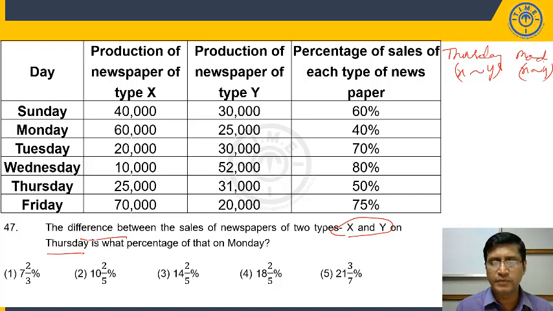The value of Thursday is what percentage of Monday. So the difference between the sales of the newspapers X and Y. What is the difference of X and Y? Thursday. So what is the value of Thursday?